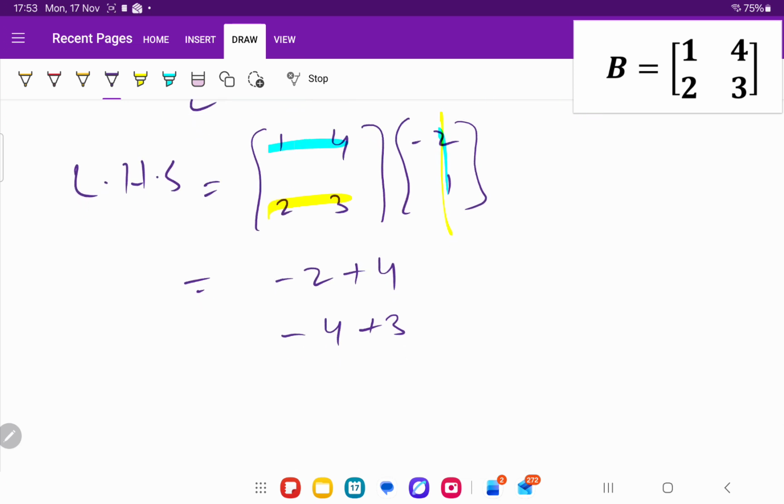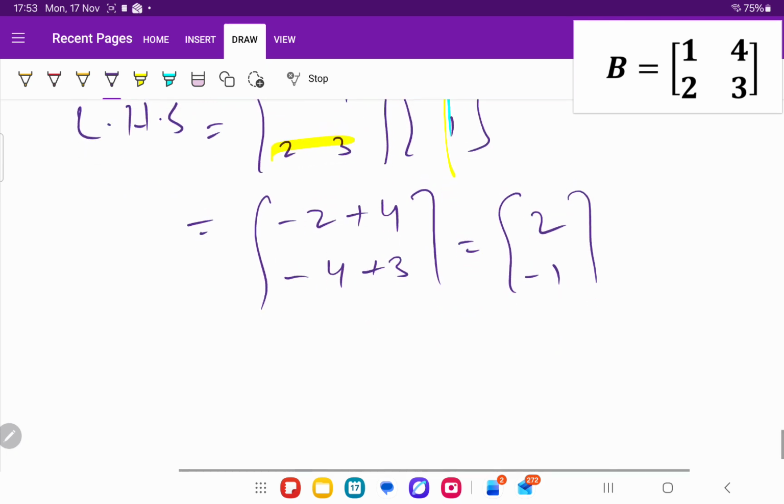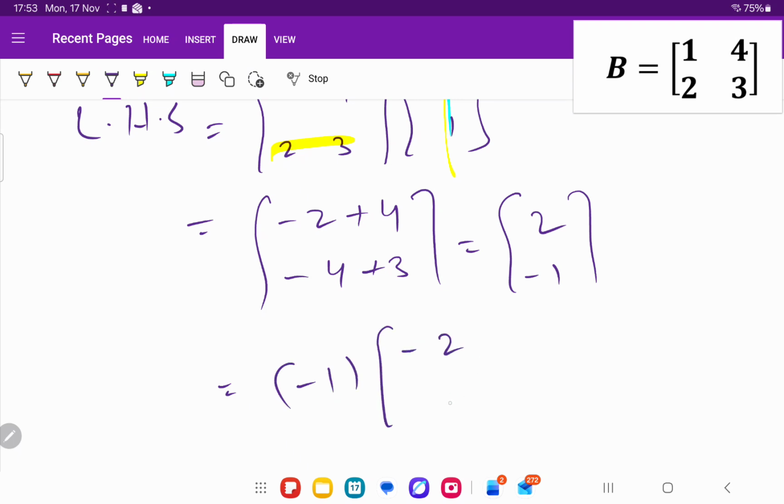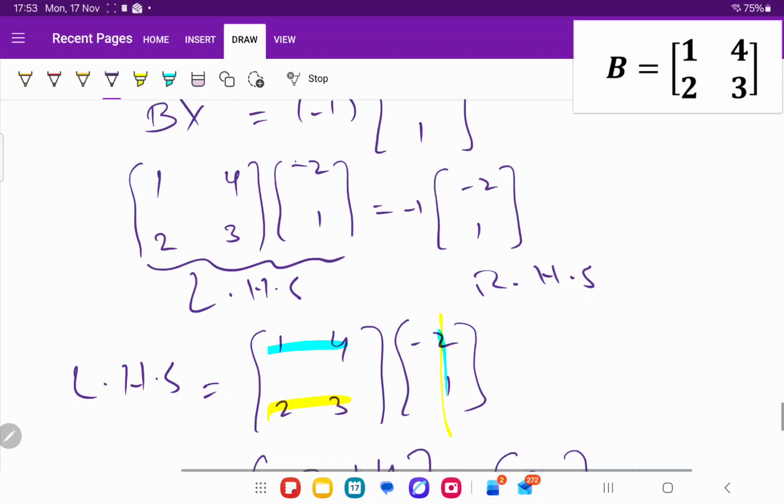So we are getting the answer: minus 2 plus 4 is plus 2, and minus 4 and 3 is minus 1. Now we could simply take out the minus 1 and have minus 2 and 1, which is exactly the same as the right hand side.